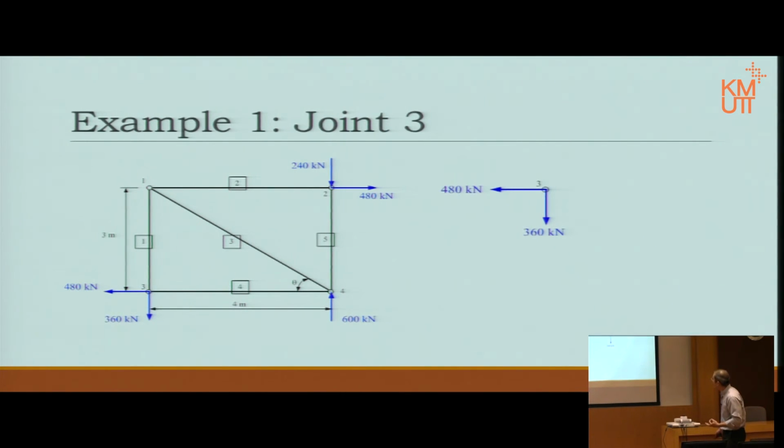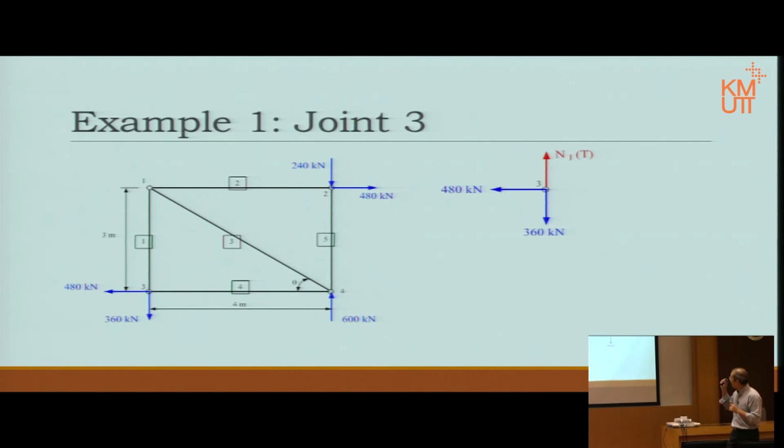Okay, if I draw joint 3, of course, the reactions we already know, 480 and 360. Then the internal forces, N1. N1 is, of course, an axial force, so it must be on the same line as the member, so N1 is definitely vertical. Since there is nothing else vertical apart from 360, and 360 is going down, for equilibrium to happen, N1 must go up. If it goes up, we know that it is actually tension.